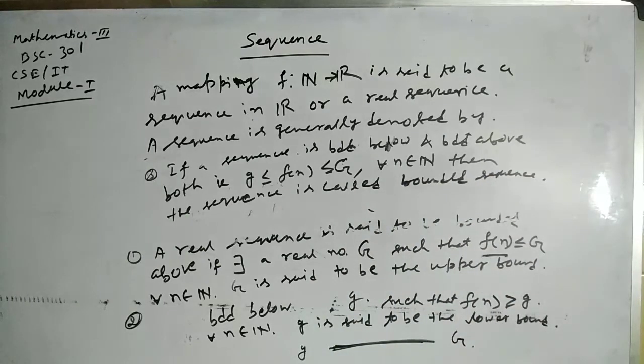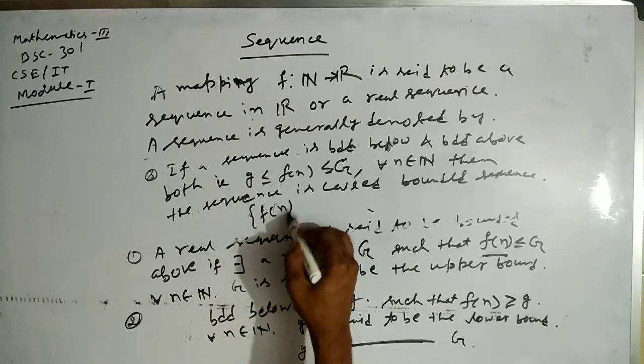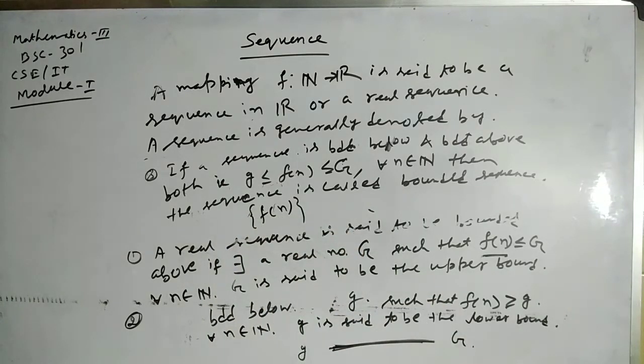We denote it by Fn; Fn will be called a bounded sequence.